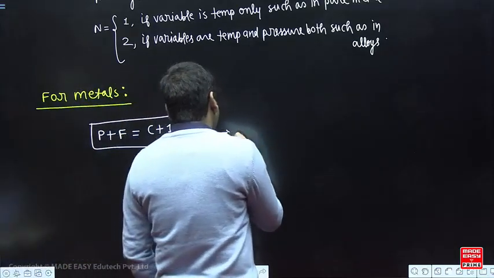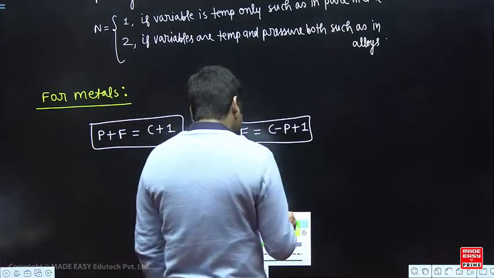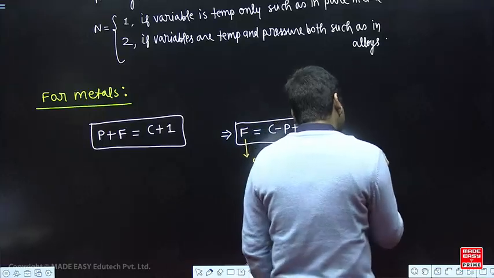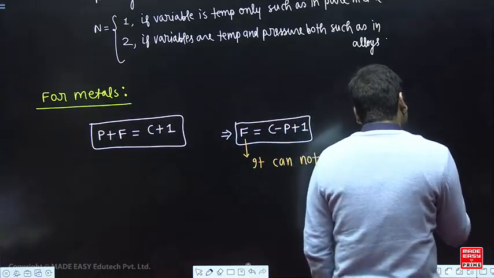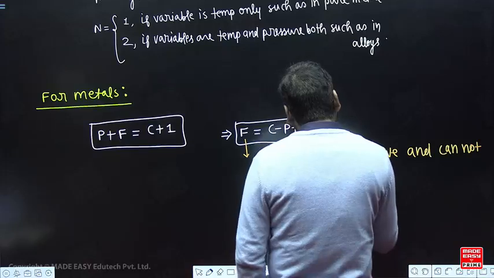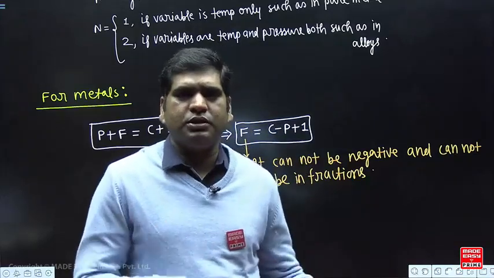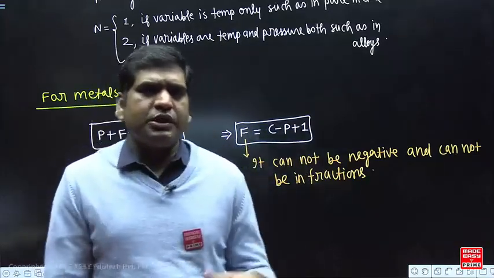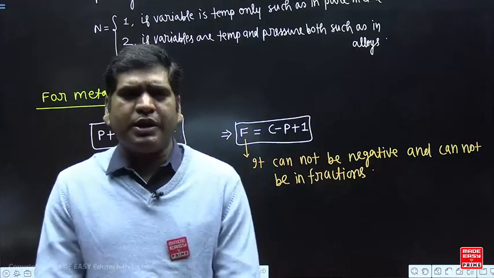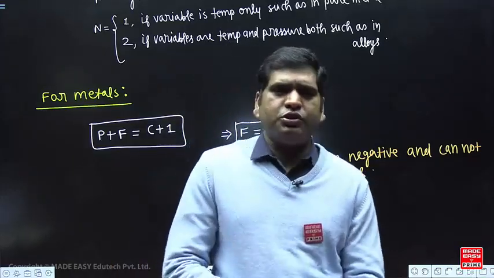This you can write as F is equal to C minus P plus 1. F is the degree of freedom. It cannot be negative, and it cannot be in fractions. It can't be that you have 0.1 or 1.7 or 1.2 variables. The variable count will be either 1, 2, 3, or 4. It cannot be fractions, and it also cannot be that you have -1 variable or -2 variables. So it cannot be negative. So the lowest value of degree of freedom is when there is no variable at all. Such a system is called invariant, which cannot be varied and has 0 degrees of freedom.